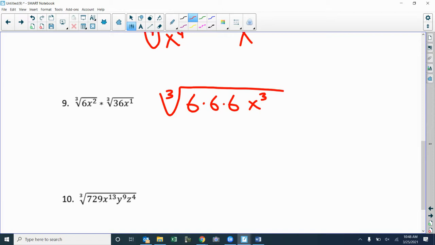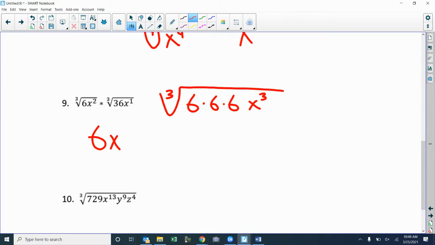What do I need? Sets of 3. So pulling them out. 6x. Questions there? This one doesn't need to be plus or minus because it's an odd index. Everybody okay?